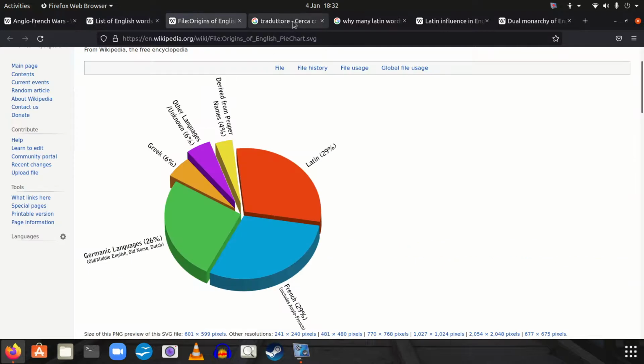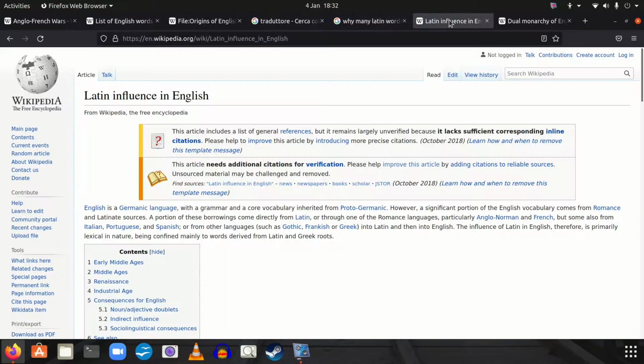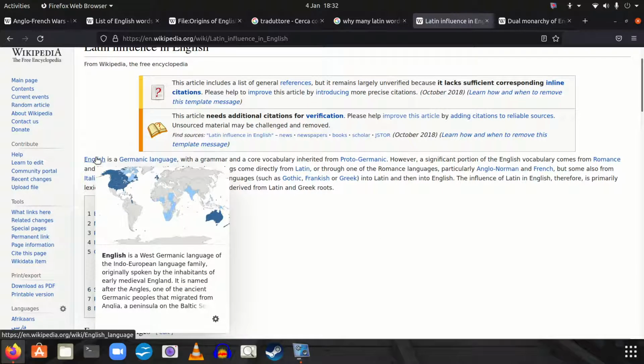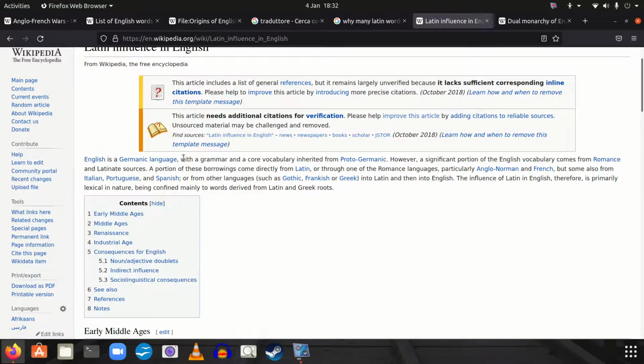Okay, also this part is important. It's important to say that, of course, English is a Germanic language, but with a grammar and a core vocabulary inherited from the Proto-Germanic. Okay, and this is the base of English.